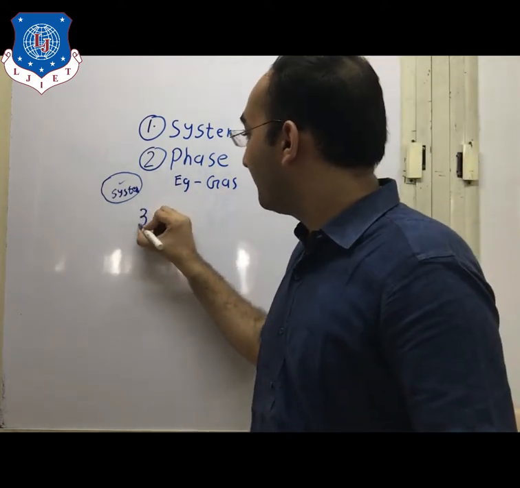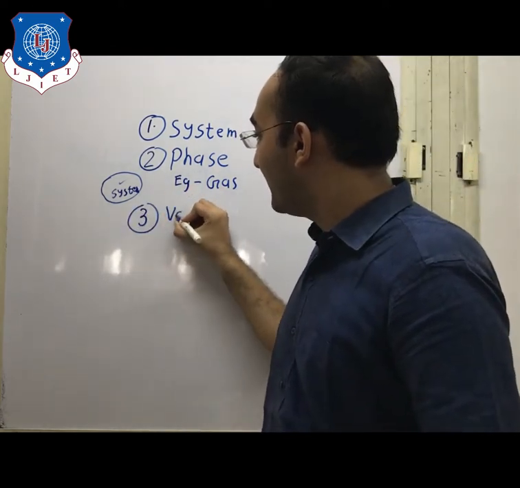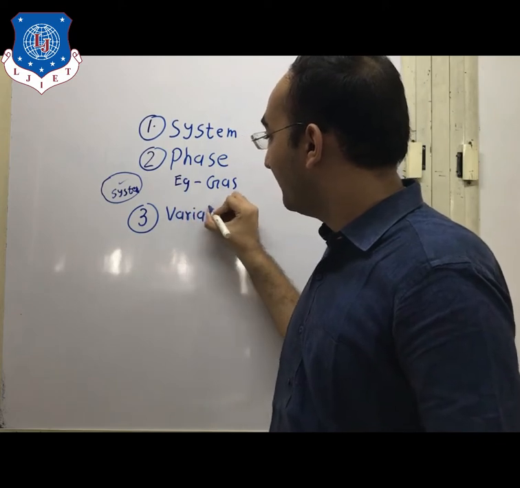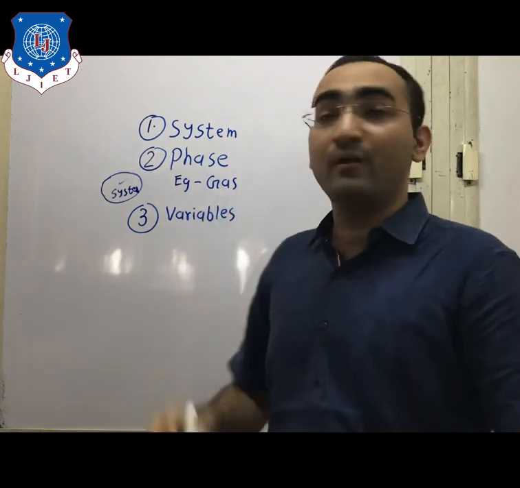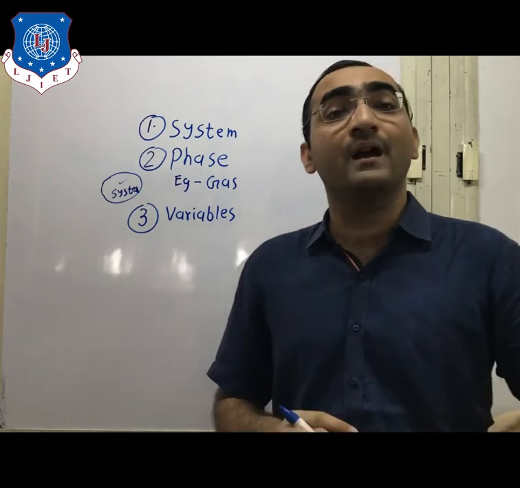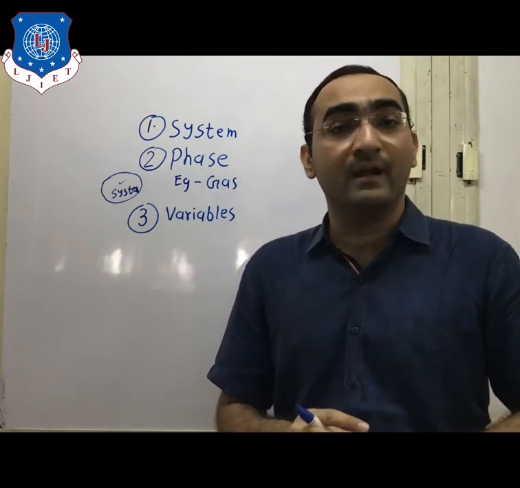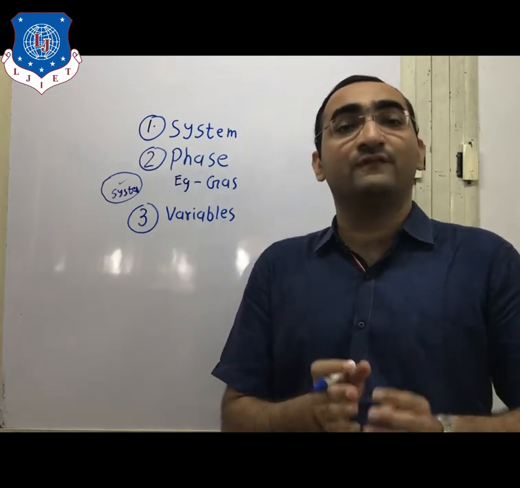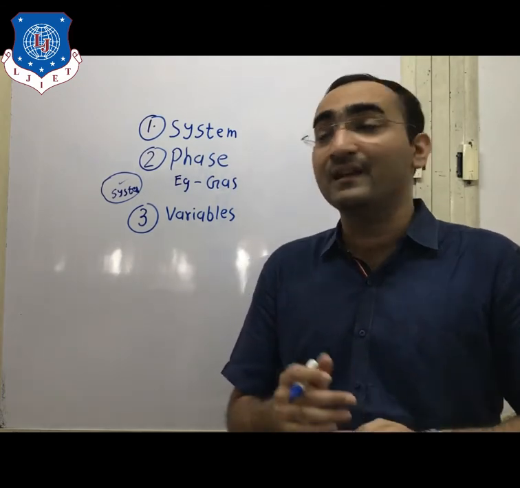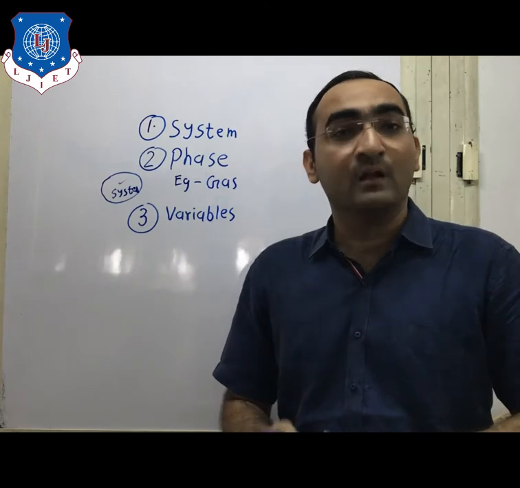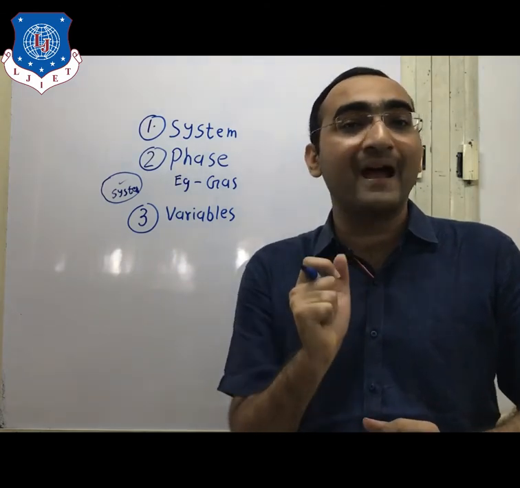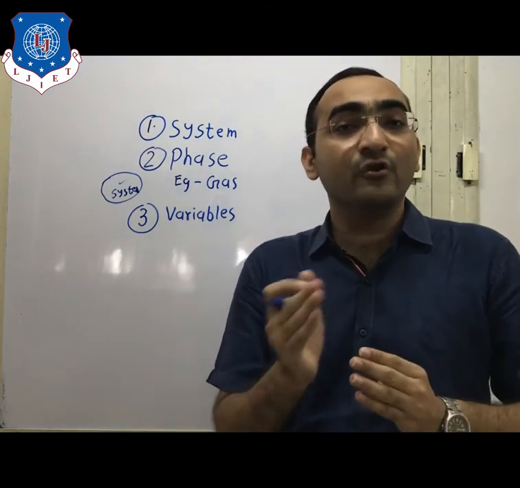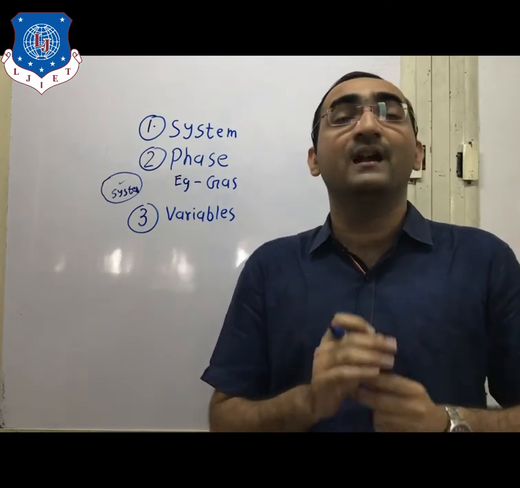The third one is known as variables. What do you mean by a variable? If by changing a particular parameter the phase of the system gets changed, then that parameter is known as a variable.